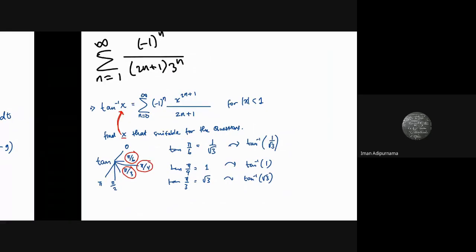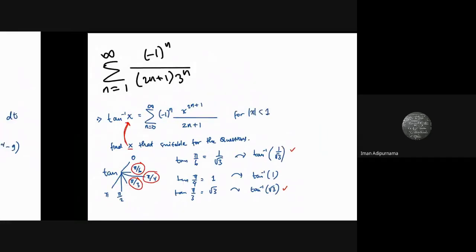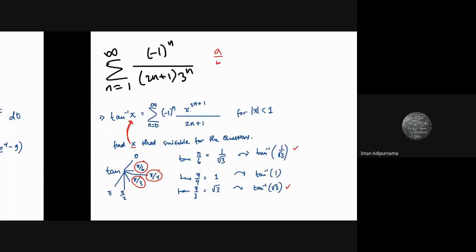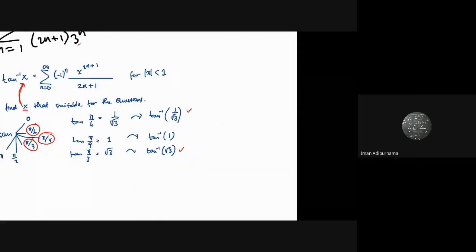The possible solution is either the first one or the second one, because it is a fraction a over b, right? And 3 is somewhere here, so probably we are going to use this one. That's how we are going to narrow our answer.